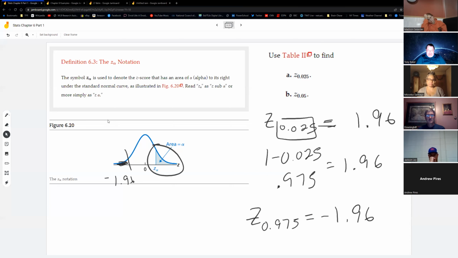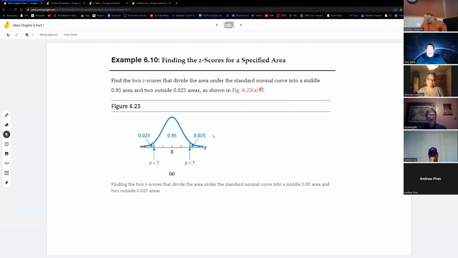All right. Now, we just did this. This was 1.96, and this was negative 1.96. And that's 95%. One of the things that we had talked about before was the standard curve.